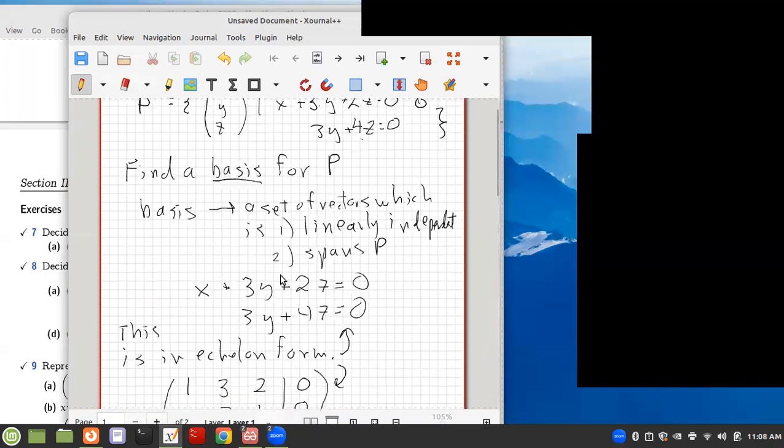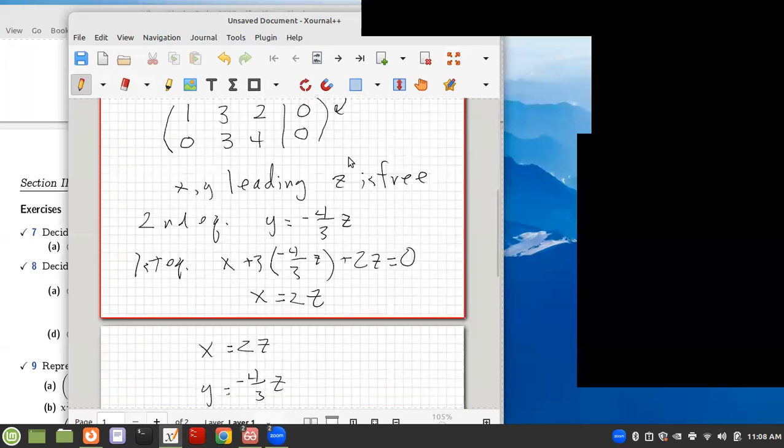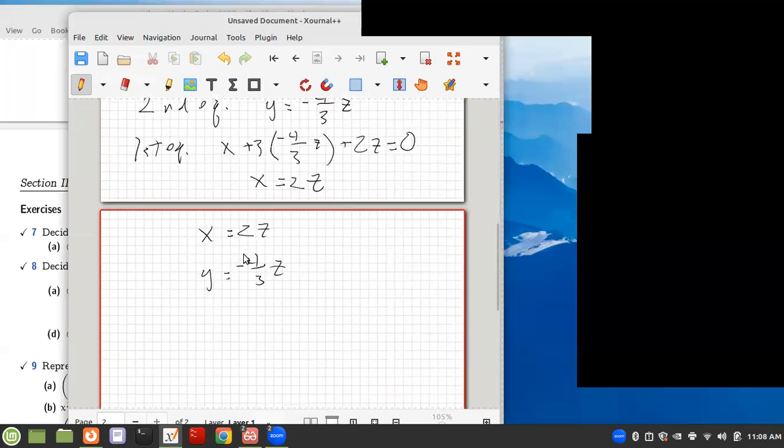And then we want to go back to our expression here. And then the point is that this is the set of all X, Y's, and Z's such that X, Y, and Z are solutions of this linear system. But that's what this notation means. It says this set P is all of these things such that X, Y, and Z solve the linear system. Well, if I choose any X, Y, and Z, so this is true, they solve the linear system because this is the whole point of Gauss's method.